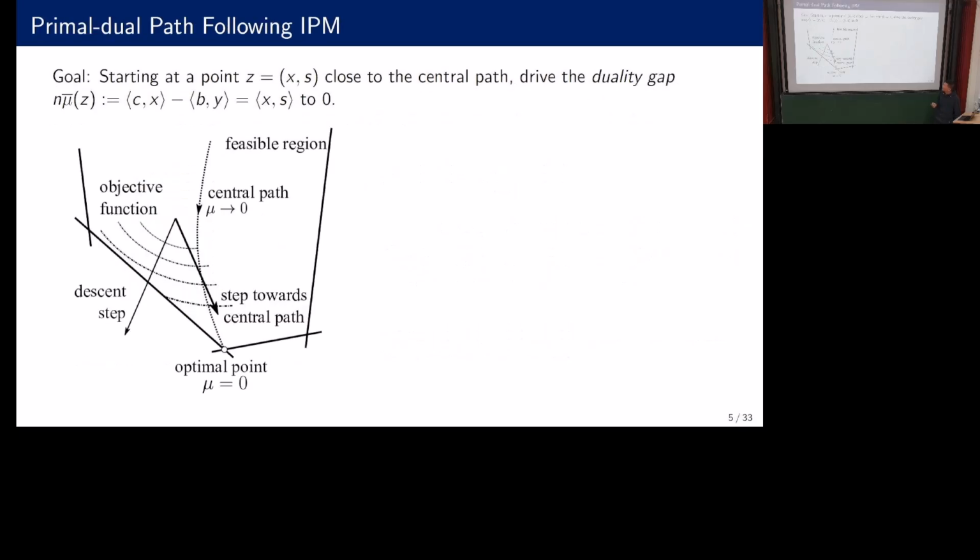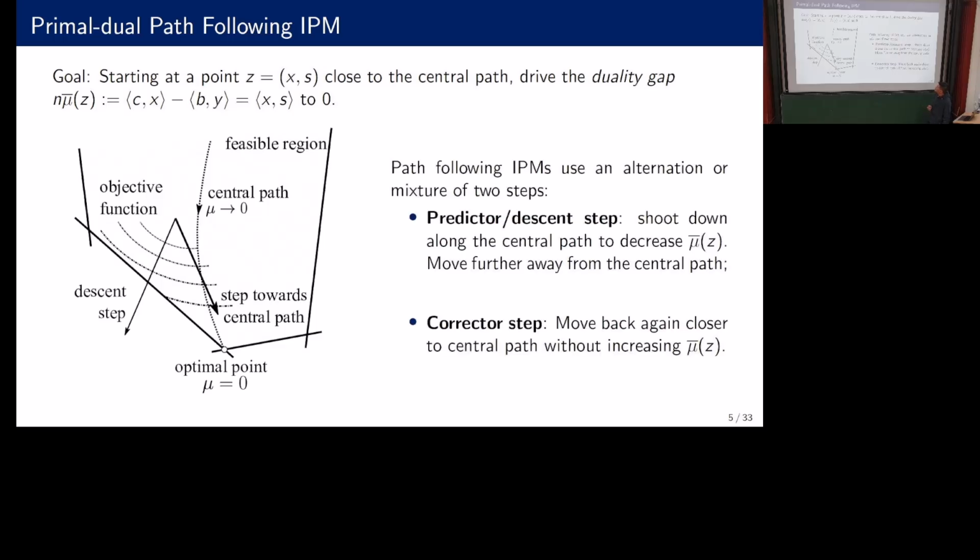So we cannot hope to compute exact central path points. What path following interior point methods do is to use computable steps to follow the central path and drive the duality gap to 0. Throughout the talk, I will denote mu bar as the normalized duality gap, which is the difference between the objective values of the primal and dual programs divided by n. Path following interior point methods usually use an alternation or a mixture of two kinds of steps.